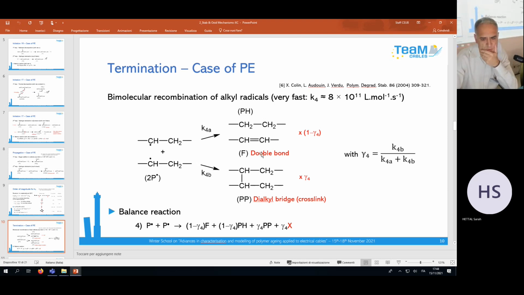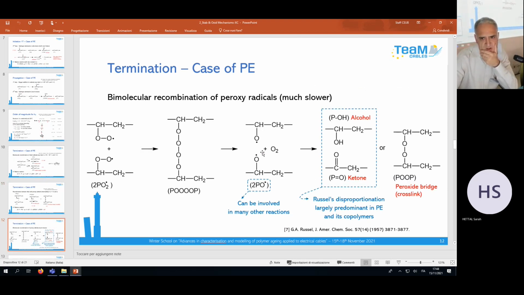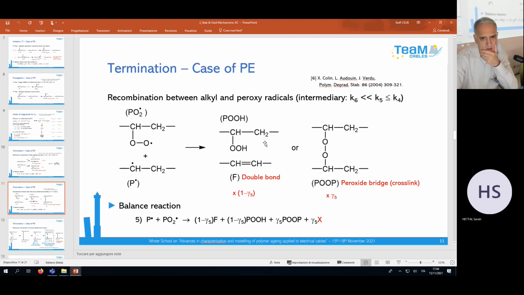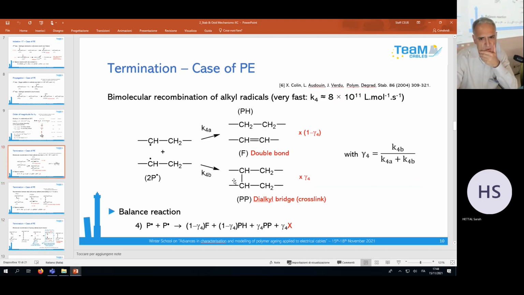It was well established for this radical from studies in polymer polymerization. It is classical. It is easier to create a double bond rather than a bond that sort of cross-links.